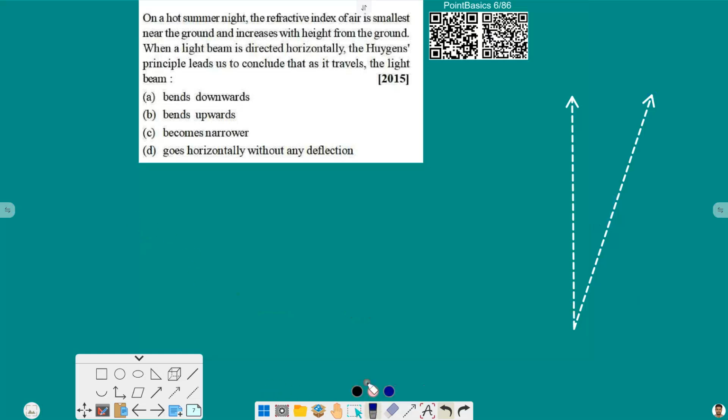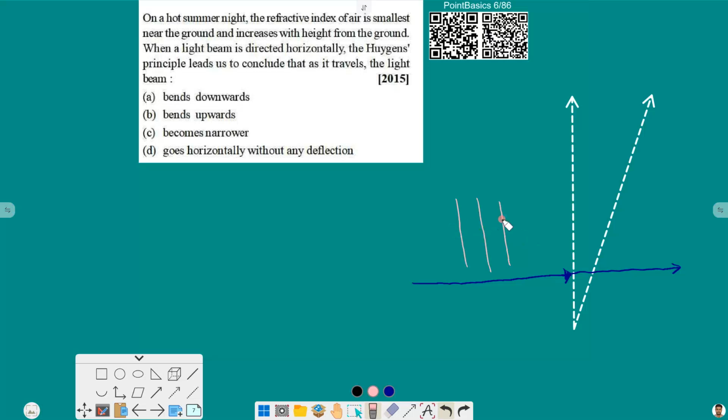Let's suppose we have a horizontal light here which strikes it at this point. Now, if we consider only a light beam of zero thickness, it will keep on traveling in a straight line, because it does not encounter any deviation in the refractive index. But suppose we have a wavefront of light, like this.